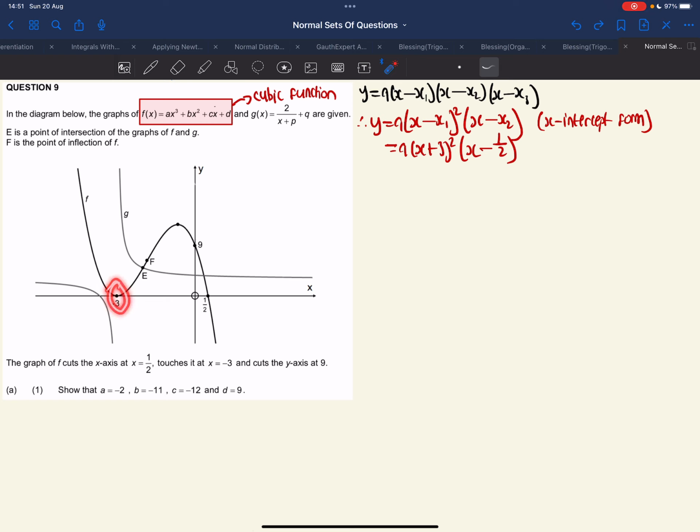Now remember, the cubic function cuts the x-axis here and there, and it also cuts the y-axis here. That we call a y-intercept. So the coordinate there is (0, 9). So we're going to substitute (0, 9).